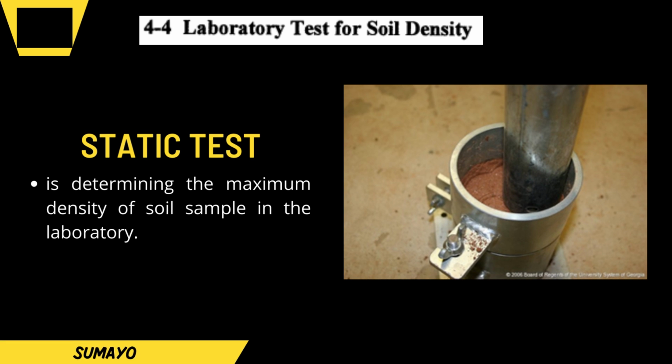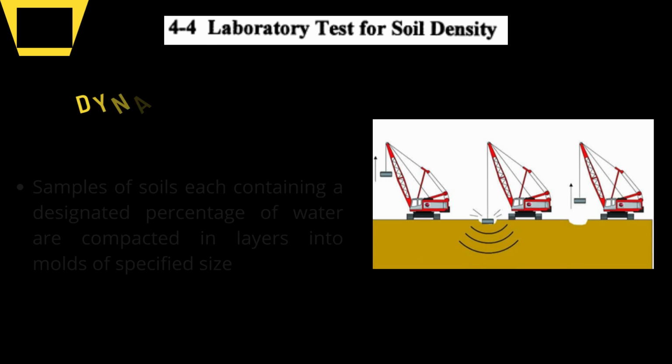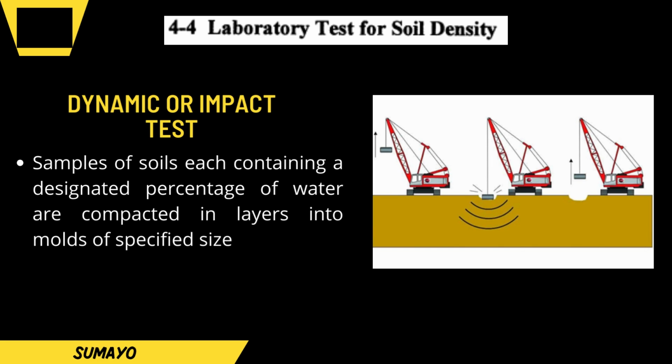The static test is for determining the maximum density of a soil sample in the laboratory. In the dynamic or impact test, samples of soil each containing a designated percentage of water are compacted in layers into molds of specified size.